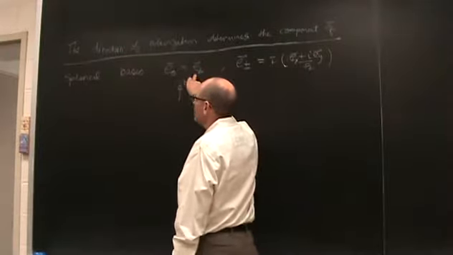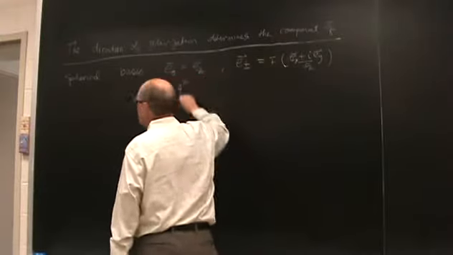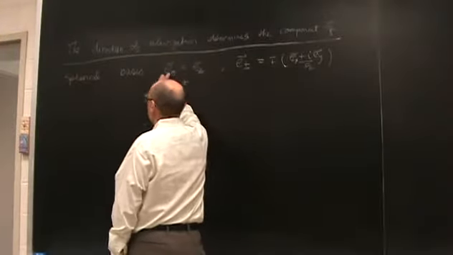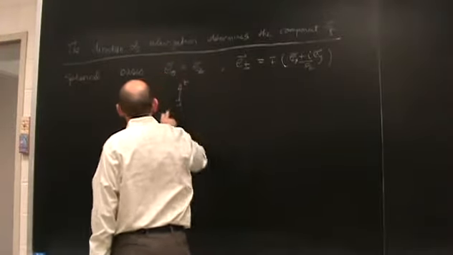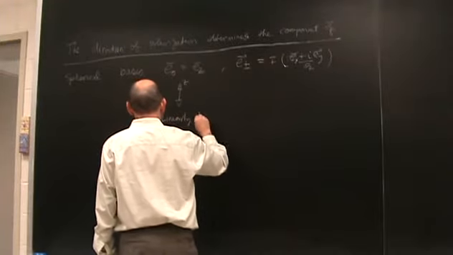If my polarization were along this, that would correspond to linear polarization along the z-axis. So if epsilon is along this axis, then it's oscillating linearly along z.